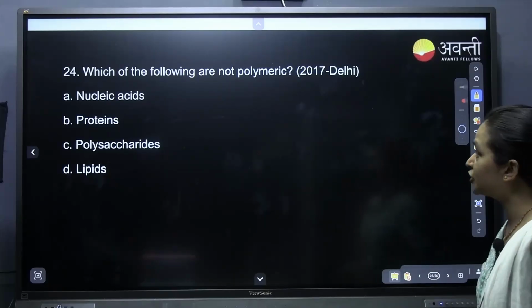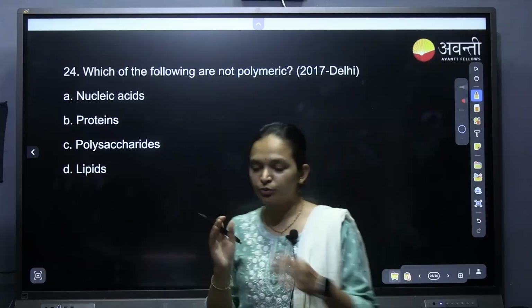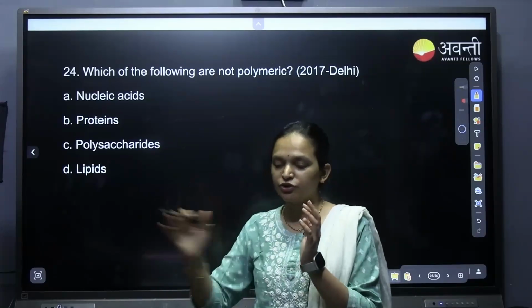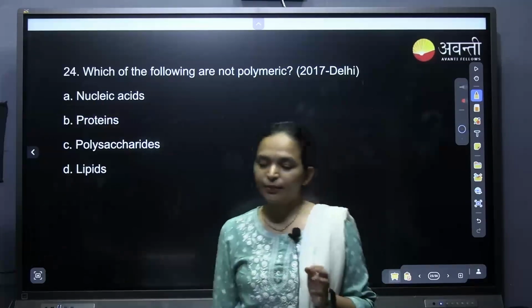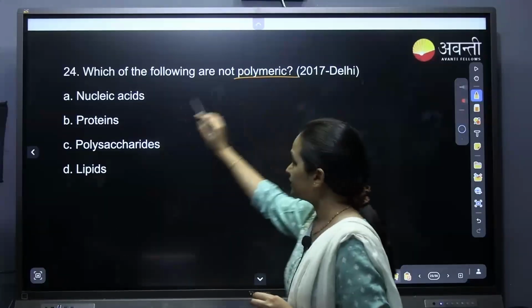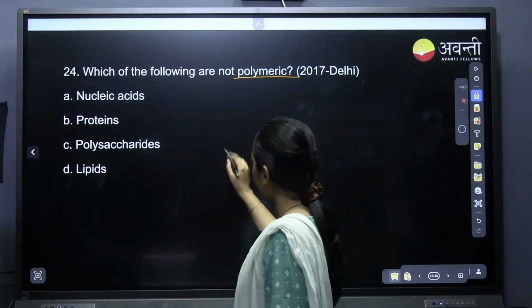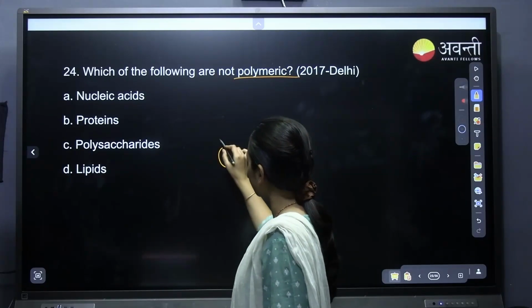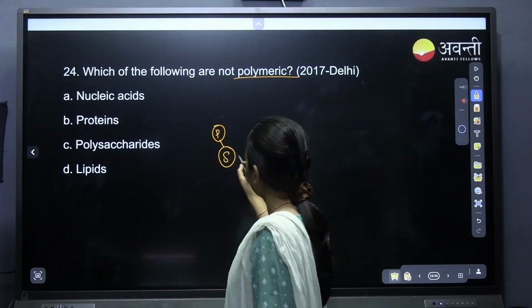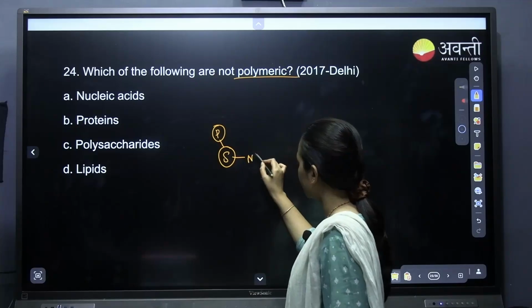Which of the following is not polymeric? Polymeric in the sense that individual monomeric units keep on joining, which makes a polymer. Is nucleic acid a polymer? We have sugar, phosphate, and the sugar is attached to the nitrogen base.